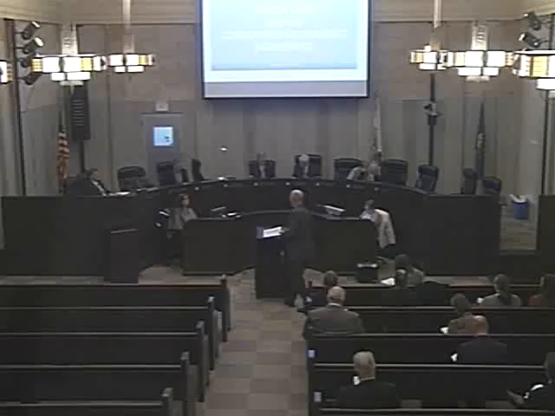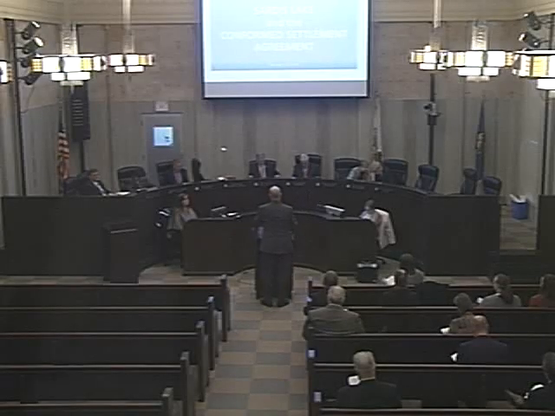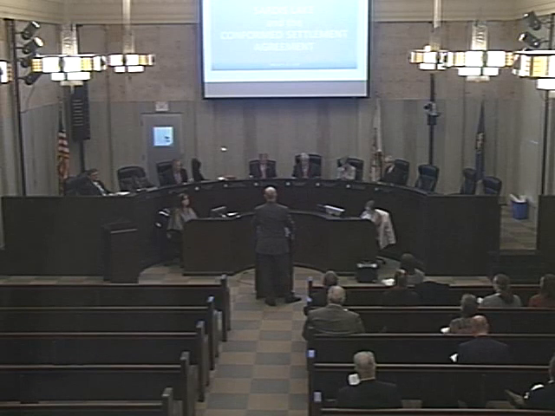Now moving into item B under 6, a presentation on the Sardis Lake and the Conformed Settlement Agreement. Mr. Chairman, Craig Keith from the Municipal Counselor's Office is here to present. Mr. Chairman, trustees, this item is related to Lake Sardis and the Conformed Settlement Agreement.